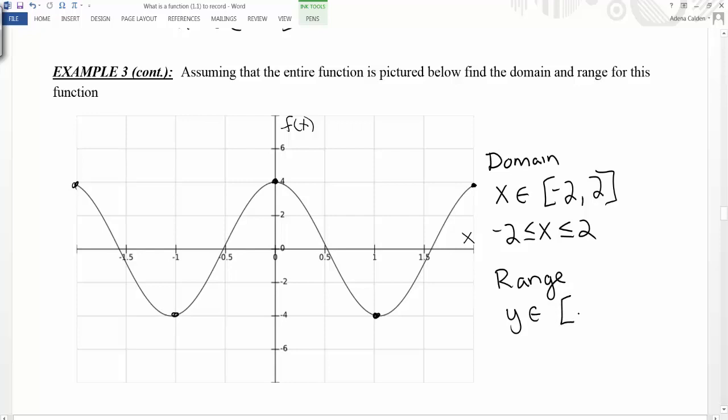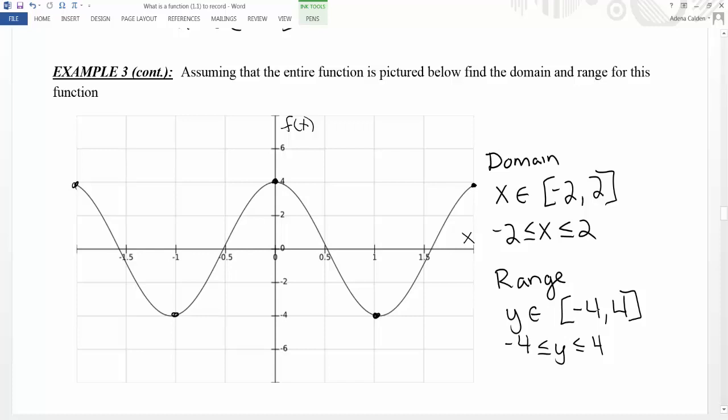So therefore, my range is going to go from -4 to 4 because I can get all the values in between, which we can see here. And again, if you prefer, you can use inequalities here. Since I'm including the endpoints, I will use less than or equal to and greater than or equal to symbols to represent that. So again, we can get domain and range of a function on a graph, and so far also on a formula.